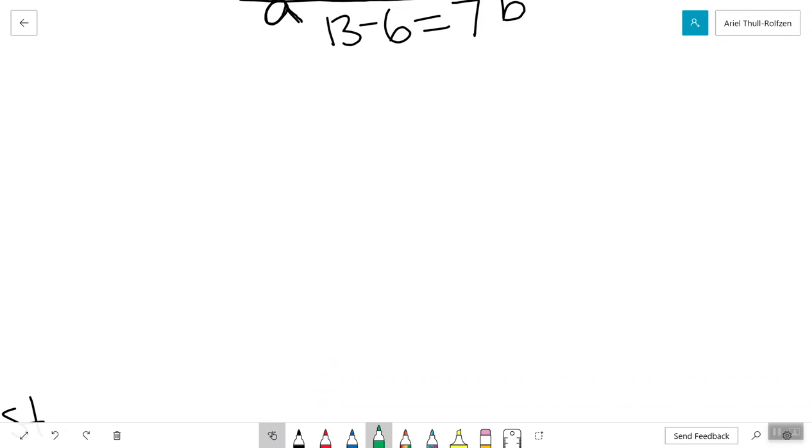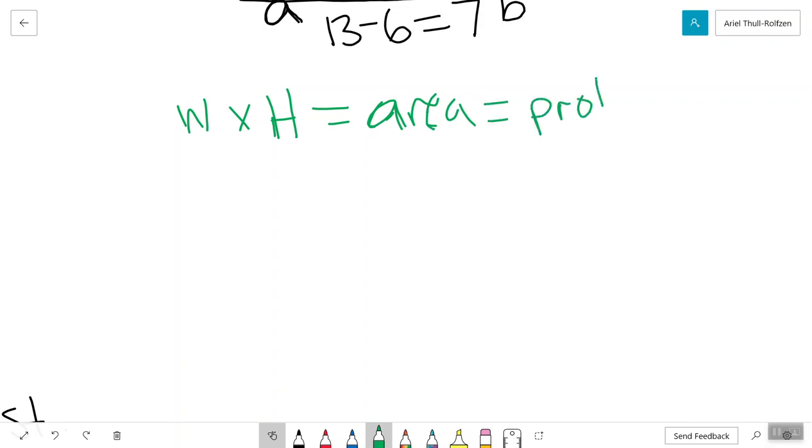Think back to what I said earlier, that the width times the height equals the area, equals the probability, or P of X. I'm going to try to get into the habit more of using the P of X.